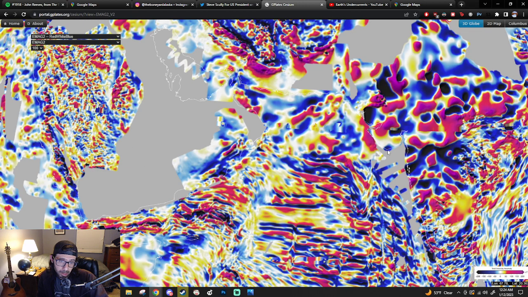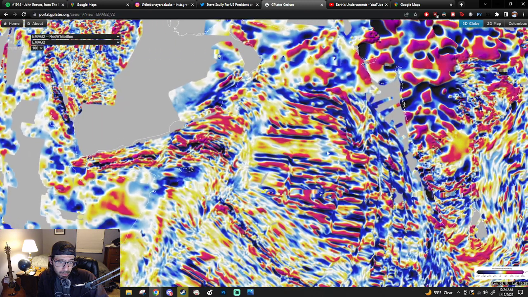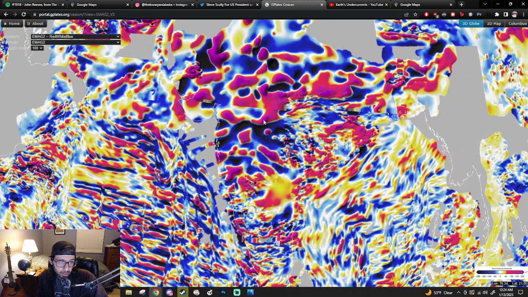Maybe there was a current flowing across this way and just held this barrier down here. That makes more sense. This just added to it and came across and interacted with it.